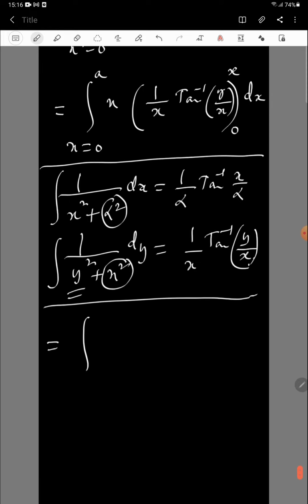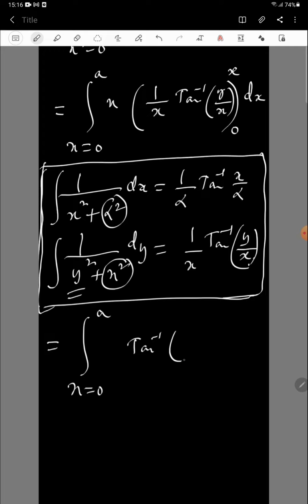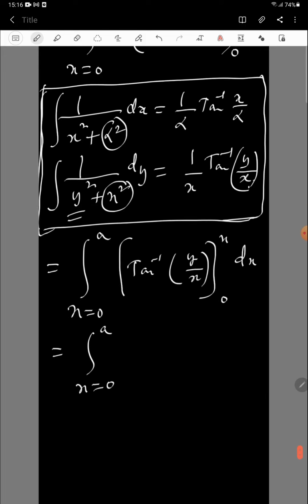So that is equal to integral, so this box I will keep it here, this you can remove, and integral x is equal to 0 to a, x and x gets cancelled, remaining is just tan inverse y by x. Limits are from 0 to x dx, that is integral x is equal to 0 to a.